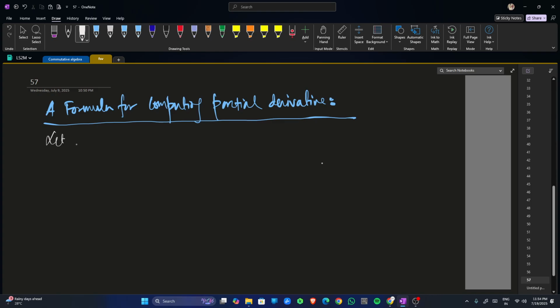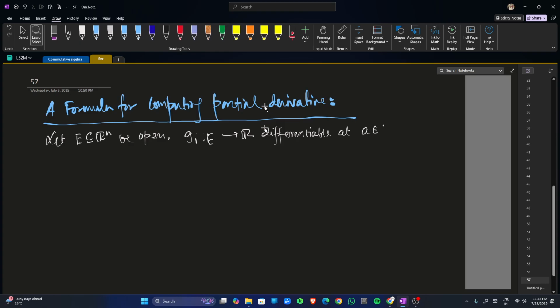Let U, a subset of Rn, be open. Let g_i from U to R be differentiable at a point, for 1 less or equal to i less or equal to m.